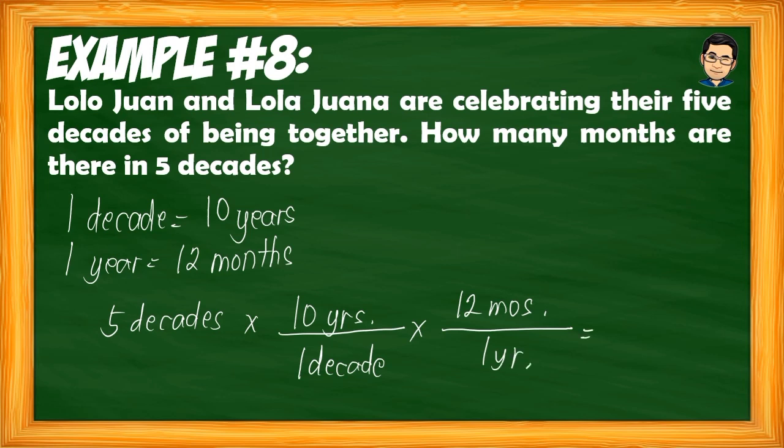Ayan. So, makakancel yung decades, years, matitira po yung months. So, i-multiply lang po natin lahat ng mga natira. 5 times 10 times 12. That is 600. Ibig sabihin, 600 months nang nagsasama si Lolo Juan and Lola Juana.